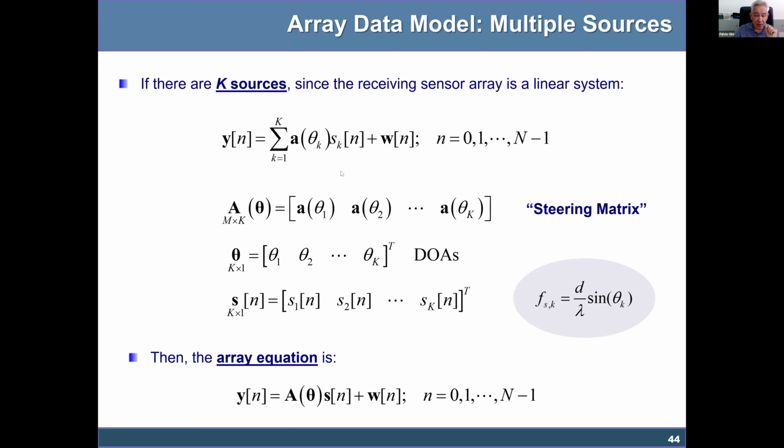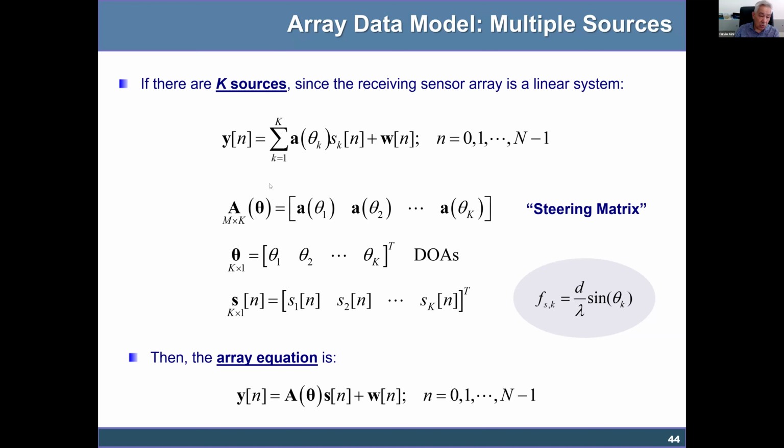Now, this summation here can be expressed in compact matrix notation if you define the so-called steering matrix. So the steering matrix is a rectangular matrix of size m times k. Remember, m is the number of sensors in the array. K is the number of sources.